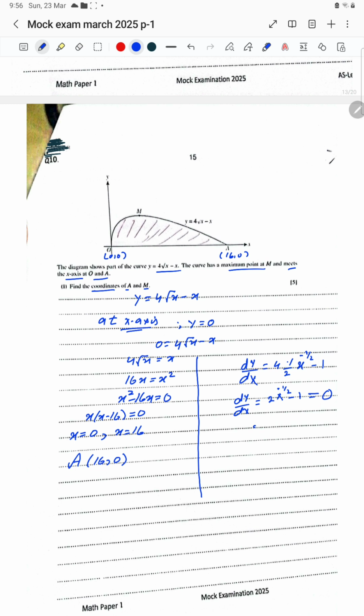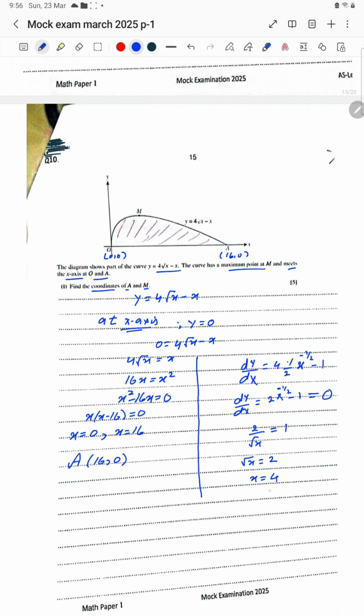So 2/√x − 1 = 0, so 2/√x = 1. So √x will be 2, so x will be 4.